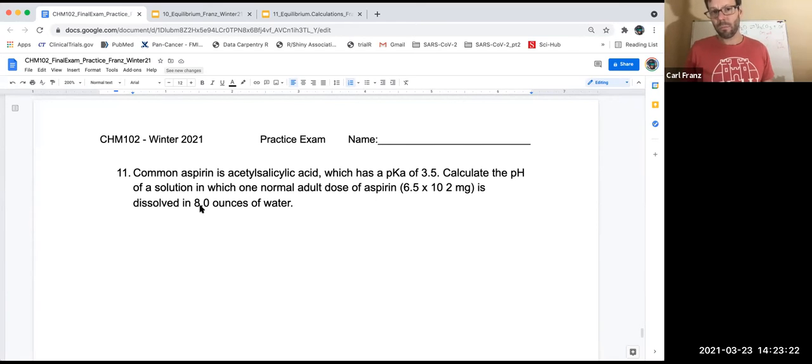And anyway, it is a weak acid. It has a pKa of 3.5. And so they want us to calculate the pH of a solution in which one normal adult dose, 6.5 times 10 to the 2 milligrams, is dissolved in 8.0 ounces of water. So we got to do some conversions, a nice table, and solve for X and do all that fun stuff. Okay, so let's write down some stuff to help us on our way.